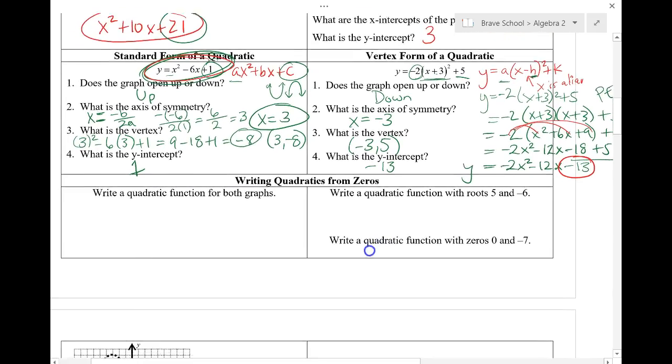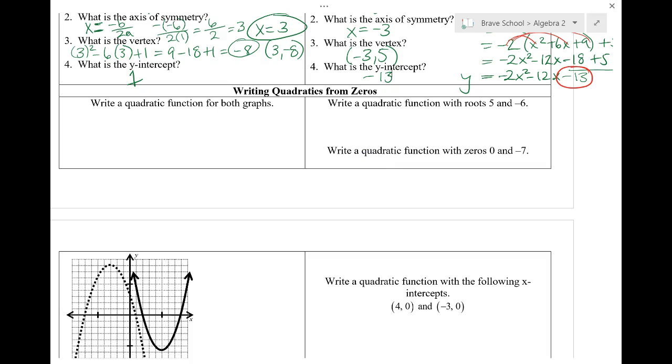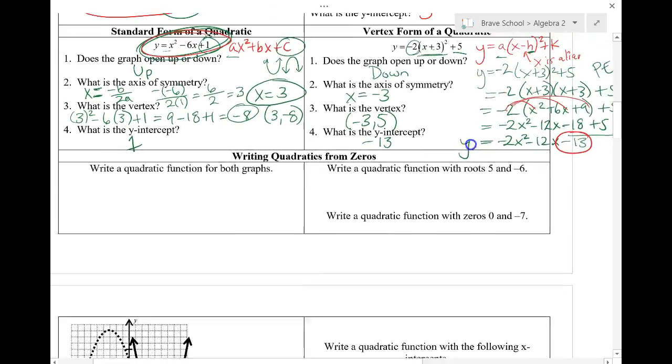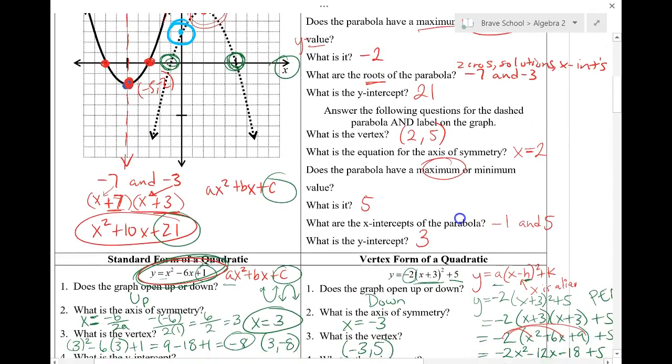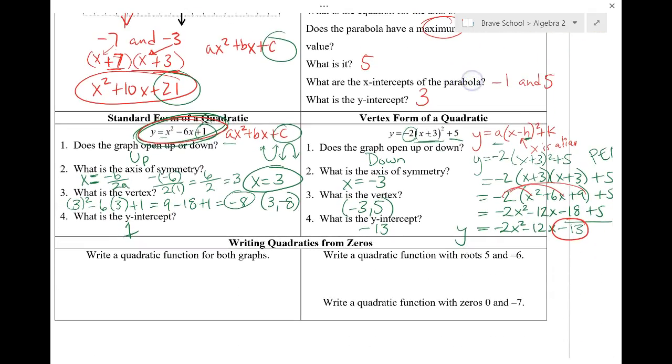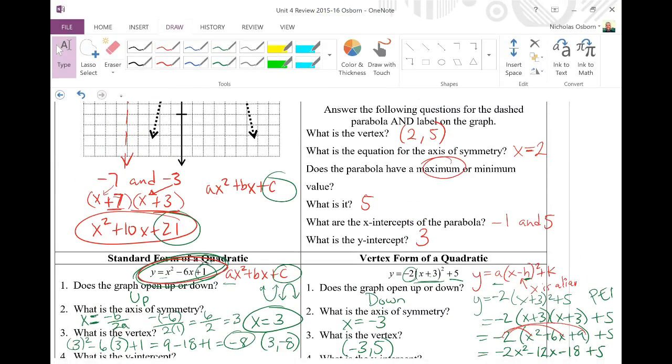Now, let's go down here to writing quadratics from zeros. It's saying write a quadratic function for both graphs. It's referring to the graphs that we just did above, these first ones up here. So I'm going to write down those zeros, or the x-intercepts, roots of the parabola.